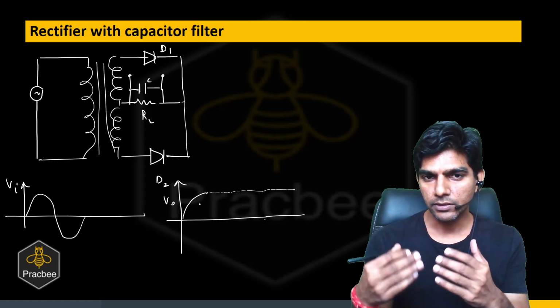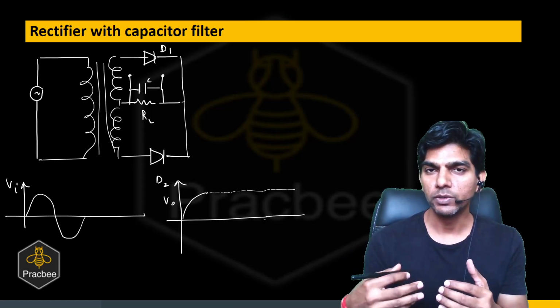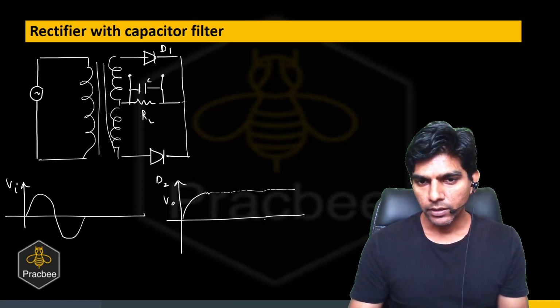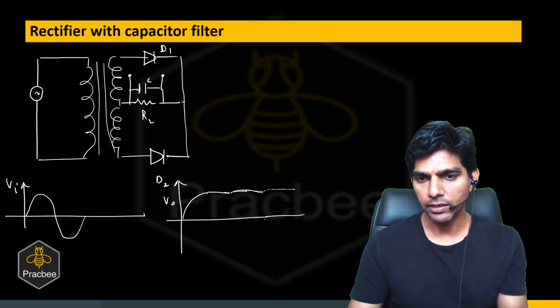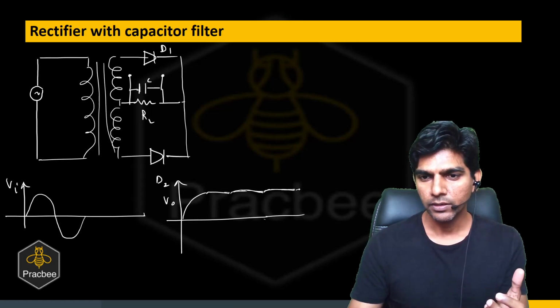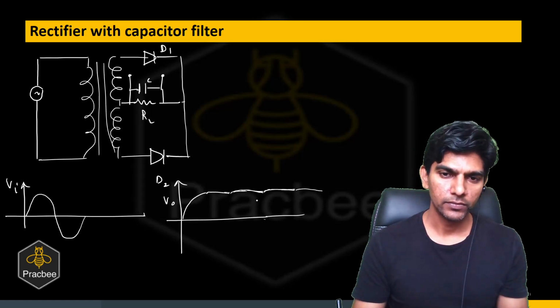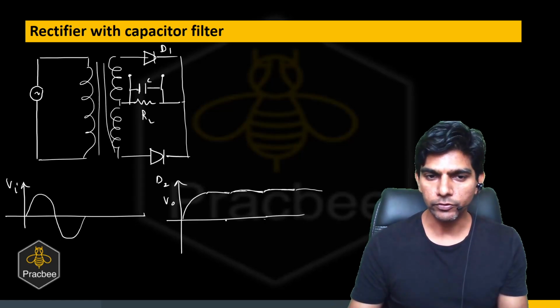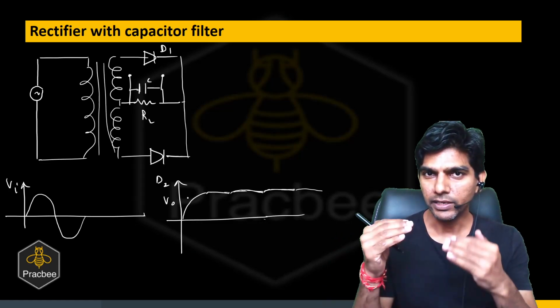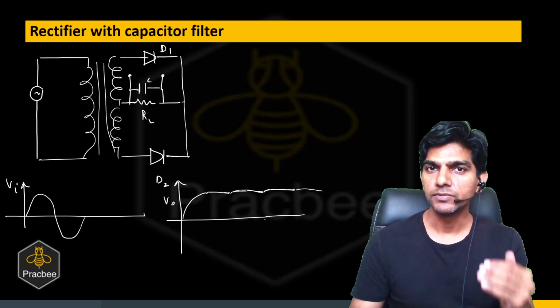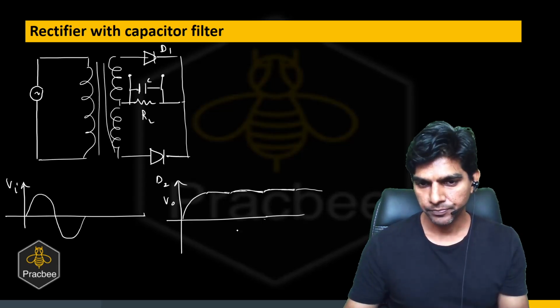So it will discharge by a small amount, and again the current will increase, and again it will get charged. So we can have a nearly constant output. So can you see, with the help of the capacitor filter, we can regulate the DC output supply.